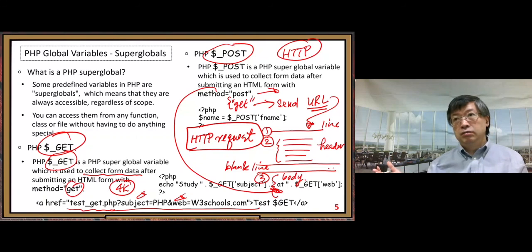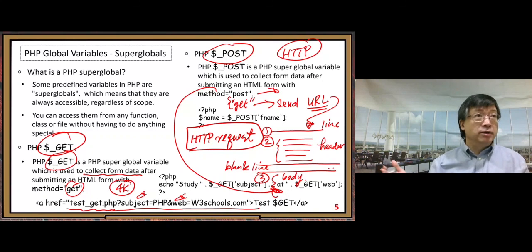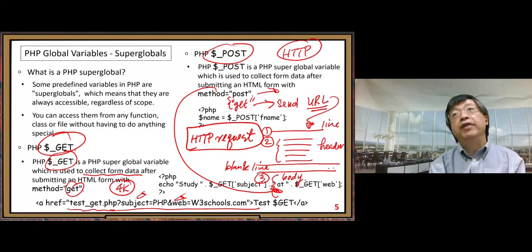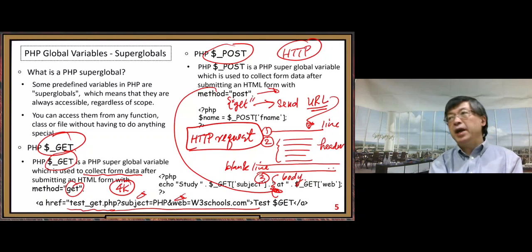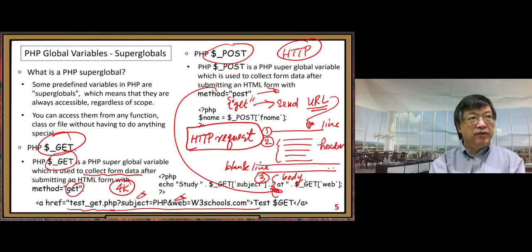Username, password, credit card, social security number, bank account. You don't want to put those there. It is very bad. You don't want other people to steal your critical, sensitive data, so you want to use the post method to send it. So that's another reason.